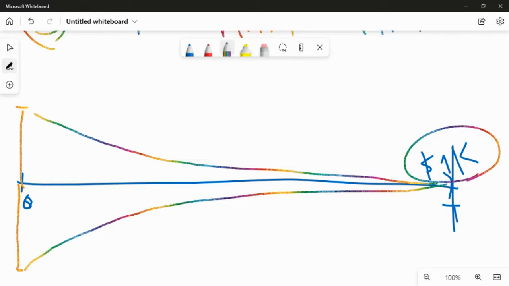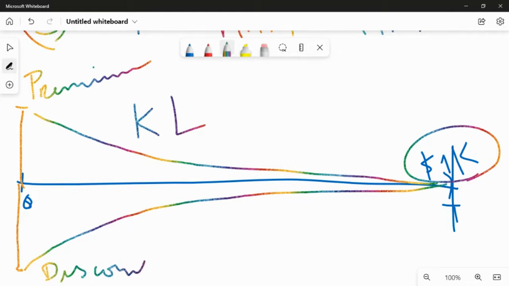So this is the general pattern you will see. In other words, in case of premium bond, over the life of the bond, there will be capital loss. And in case of discount bond, over the life of the bond, there will be capital gains.